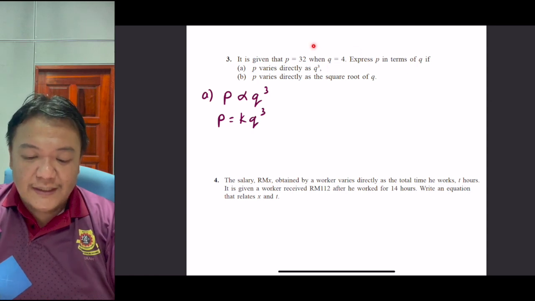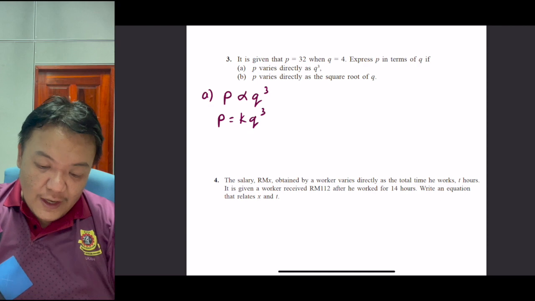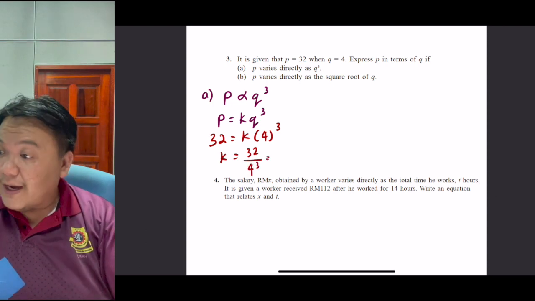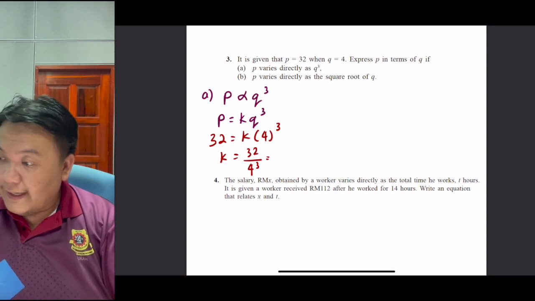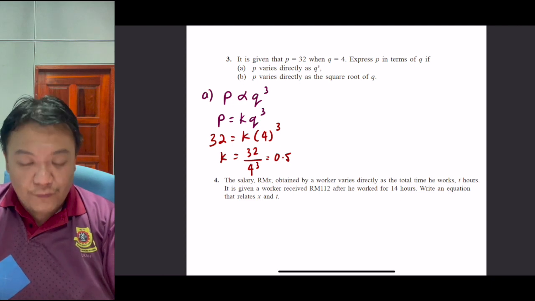You just substitute these two values inside the equation. So P is 32, equals to K times Q is 4 cube. So K is equals to 32 divided by 4 cube. You can press your calculator, and you will get 0.5 or 1 over 2.